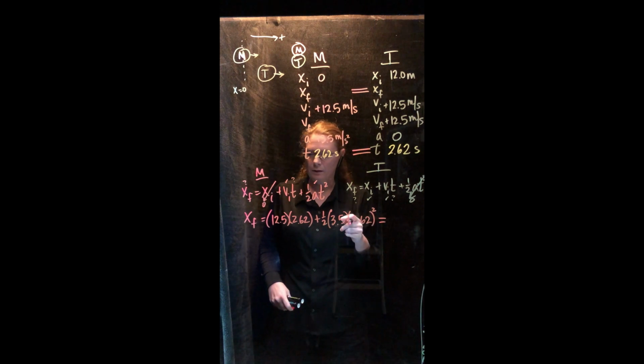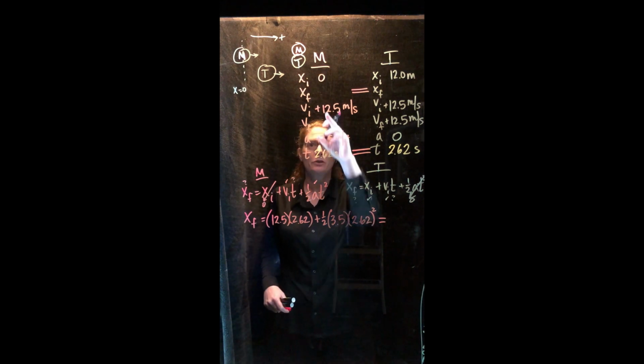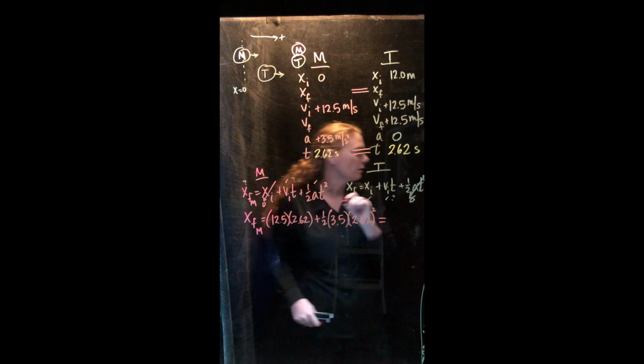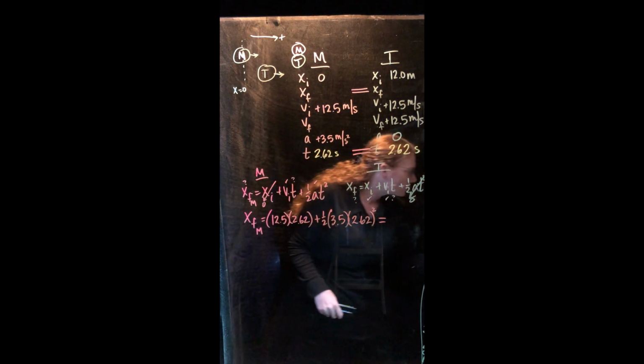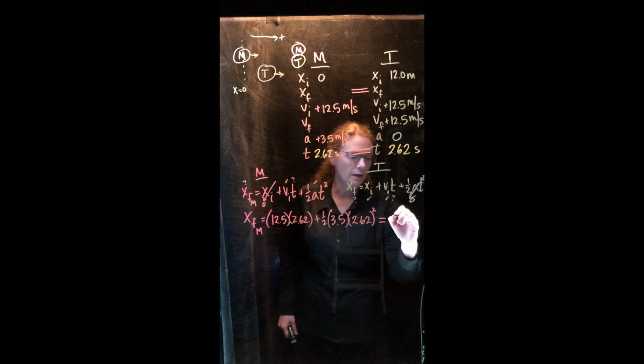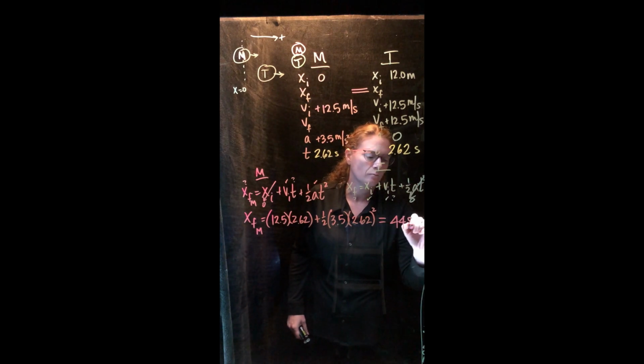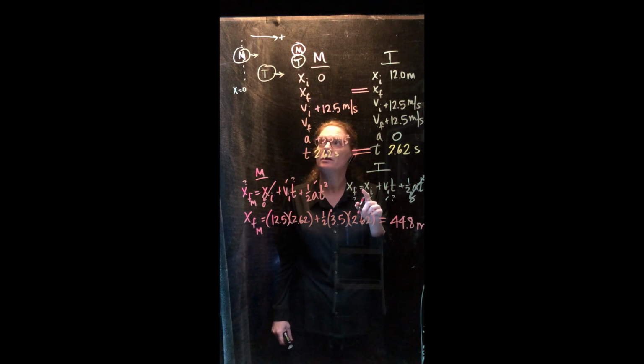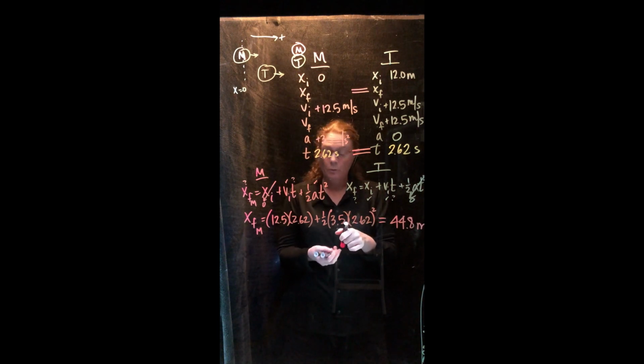Do that in your calculator and see what you get for the final position of the motorcycle. I should be careful here. Final position of the cycle is, I got 44.8 meters. Okay, 45 meters. That's a pretty good distance. 45 meters, 150 feet. Yeah, that's pretty good. So that's the distance the motorcyclist traveled.